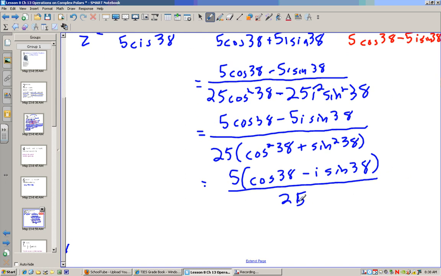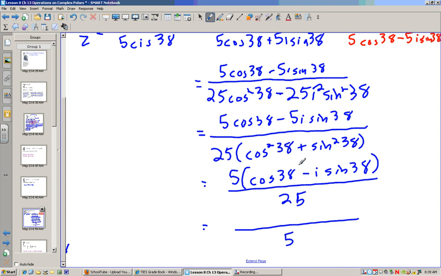We can simplify this, but it would be nice if this was in the form cosine i sine, and cosine i sine has a plus here. So we can put it in that form by doing just a little trick. First let's divide this out. 5 divided by 25 would just be a 5 in the denominator.